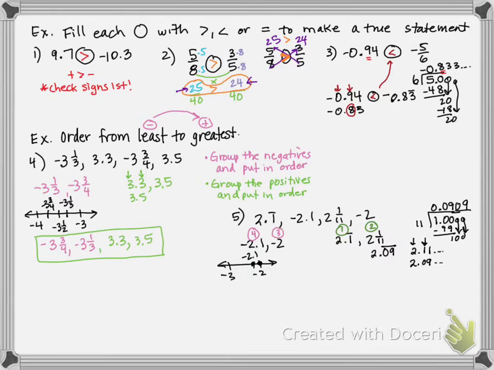And there we go. Okay, so I know my numbers probably sound backwards, like it should be 1, 2 with the negatives and 3, 4 with the positives, but it's going to work in my brain. So we have negative 2.1, negative 2, then 2 and 1/11, and 2.1 repeating.